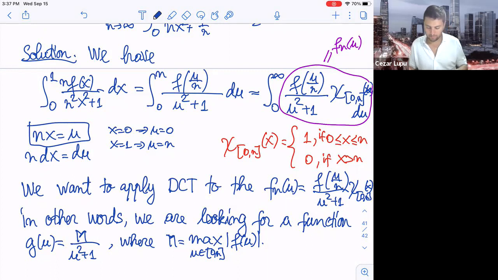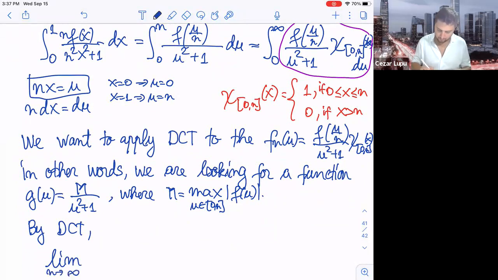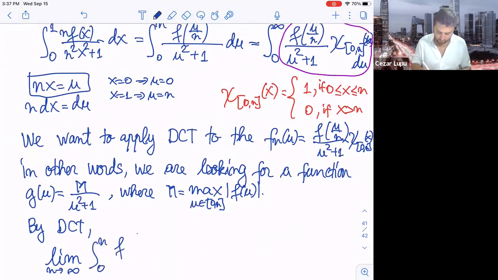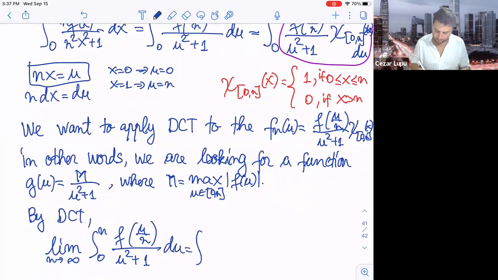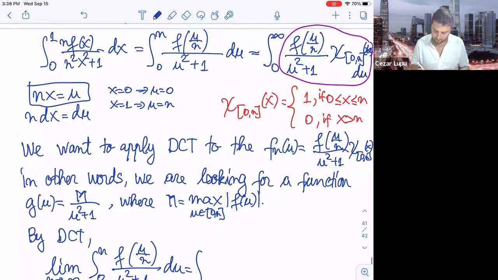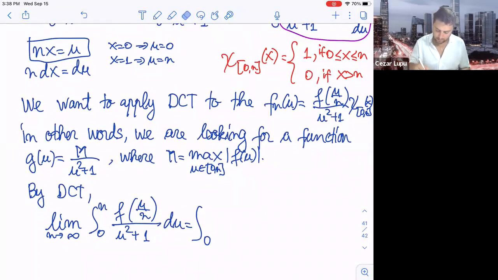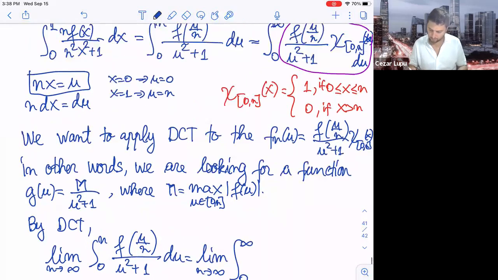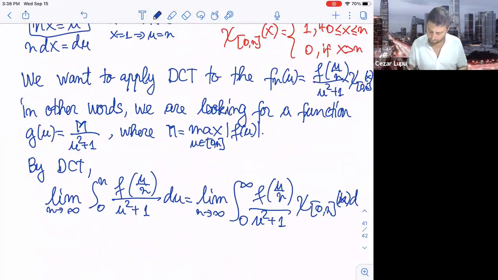So by the dominated convergence theorem, we have that the limit as n approaches infinity of the integral from 0 to n of f of u over n over u squared plus 1 du is nothing else than just the limit as n approaches infinity of the integral from 0 to infinity of f of u over n over u squared plus 1 times chi of 0 n of u, sorry, du.